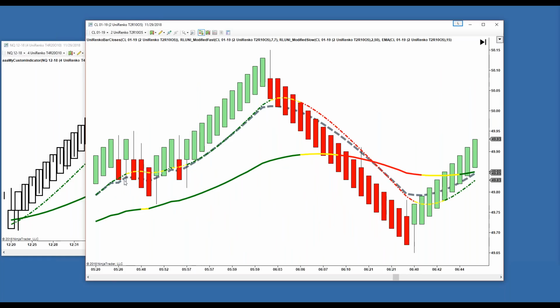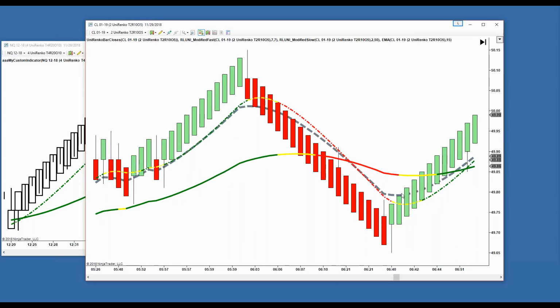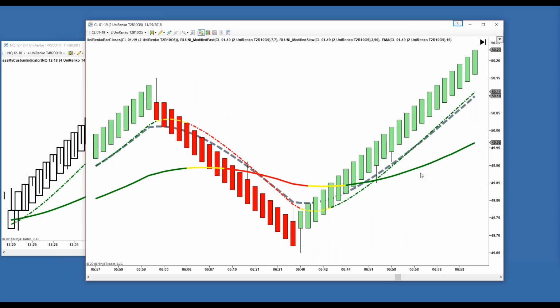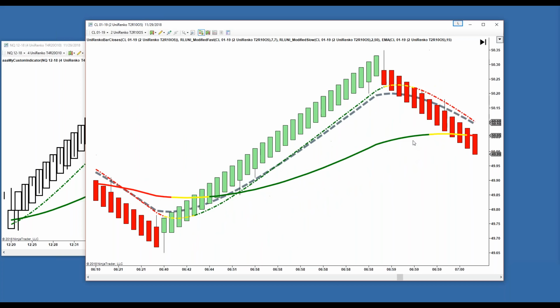And right here, you see how it's all bent out of shape, where our 15 EMA of our 15 EMA stays smooth. So we gain a lot of smoothness with approximately the same speed. So we were able to pull the best of both worlds.